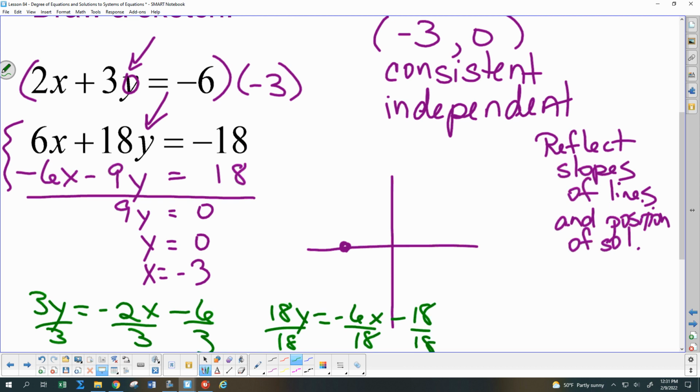Positive or negative slope? So one's got a slope of -2/3, one has a slope of -1/3. So different slopes, but both negative. So I simply need to draw so that they cross here, and they have two different negative slopes. I'm not really worrying about the scale on the y-intercepts, just that they're both negative, one steeper than the other, and they go through -3, 0.